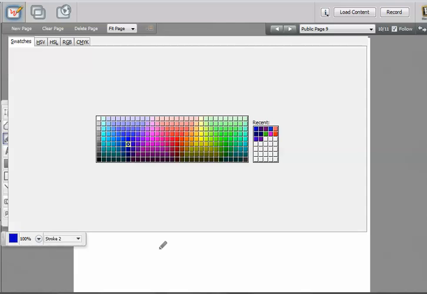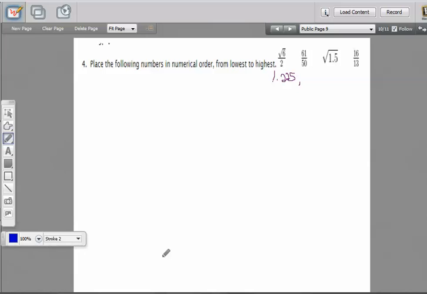The second one here, 61 divided by 50 is about 1.22. Square root of 1.5 is 1.22474. We're going to go ahead and check that first one again.